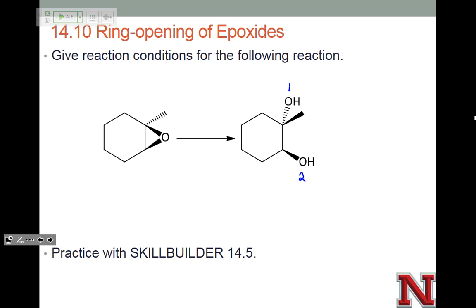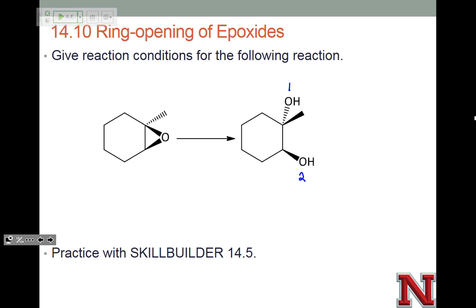That carbon has the same stereochemistry. So remember, you're going to have the backside attack, whether it's acidic conditions or basic conditions. It's still an SN2, mainly SN2-like reaction. So therefore, if your stereochemistry is not inverted, then the attack did not occur at that carbon. So I know that oxygen was the original one because the stereochemistry is the same on that carbon.